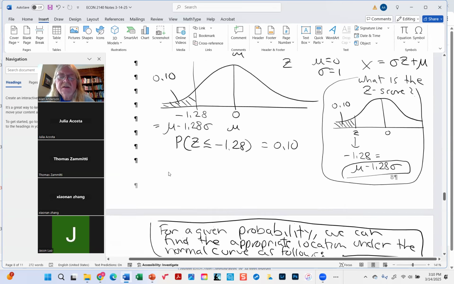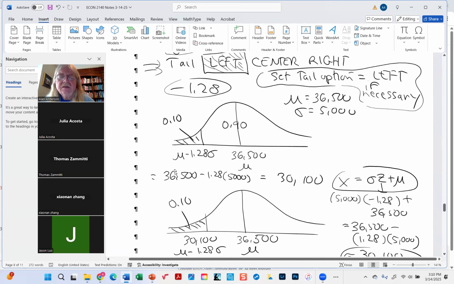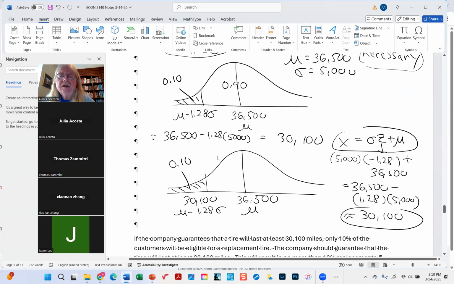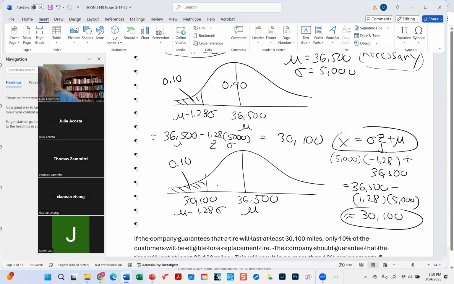So let's do that right here. So the z is the negative 1.28. And so if you plug those in, you'll see that you're going to get 30,100. Or in other words, think of it this way. The cutoff point between the lower 10% and the upper 90% occurs 1.28 standard deviations below the mean, which in this case with these numbers equals 30,100 miles.